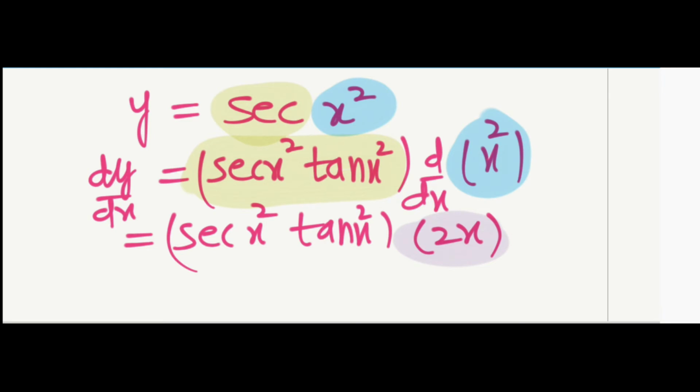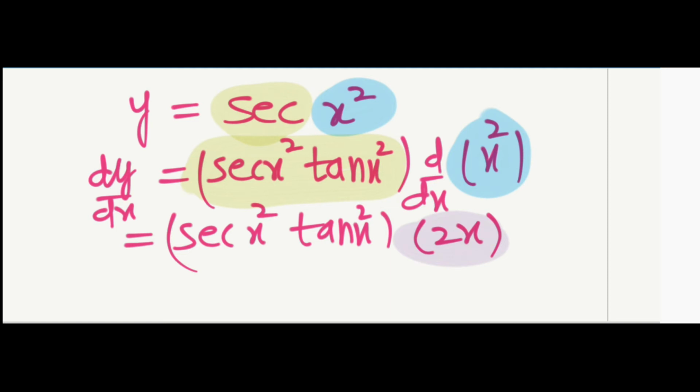So in this case, dy by dx should be secant x square tan x square into the chain rule, the derivative of theta, that is x square. You remember? So the final answer is secant x square tangent x square into 2x, the derivative of x square. I hope you got it.